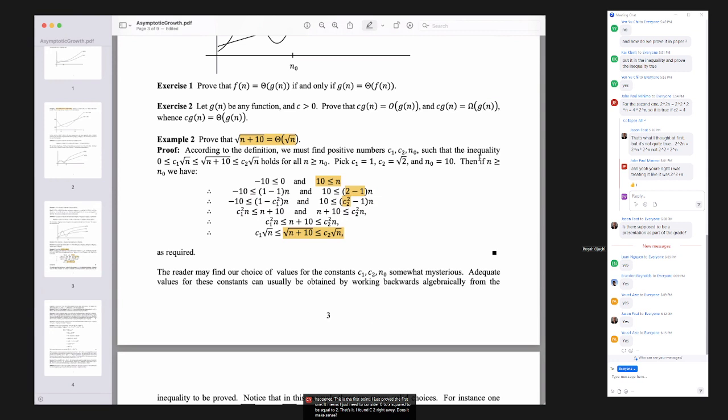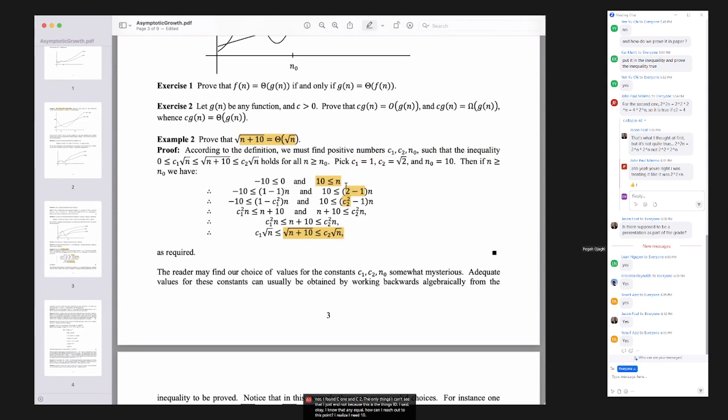Anybody has any question? So for this example, are you working backwards? Yes, actually, I consider n naught, but with n naught, I found C1 and C2. The only thing I consider is n naught, because this is what I did. I said, okay, I know that n is greater than or equal to 10. How can I reach this point? I realized I need 10.